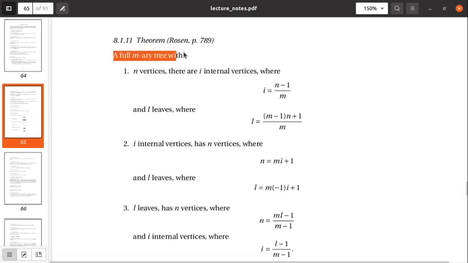Okay. So theorem: given a full M-array tree with n vertices, there are I internal vertices, where I is equal to n minus 1 divided by m. So we have n total vertices, we remove our counting of the root, and then we say that the internal vertices are the ratio of all non-root vertices to the vertices per interior node, which makes sense.